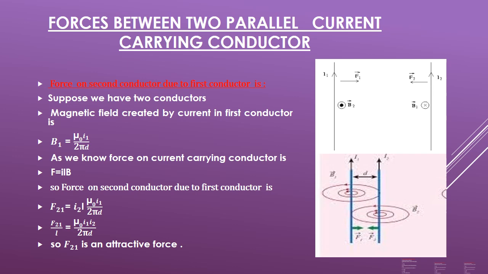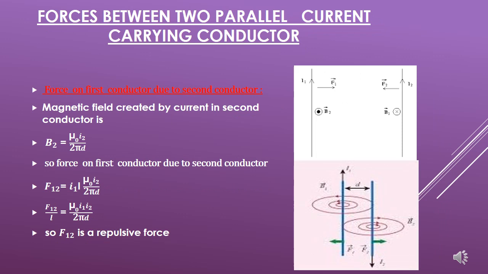I2 is the current in conductor 2 and B1 is the magnetic field of conductor 1. So I2 L, putting the value of B1, mu naught I1 upon 2 pi D. So F21 upon L equals mu naught I1 I2 upon 2 pi D. This is the force per unit length on conductor 2 by conductor 1.